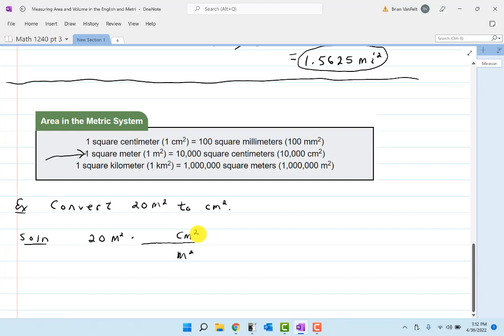So let's take a look if I have that. Well, actually where my arrow is exactly the thing that I'm looking for. 1 square meter is equal to 10,000 square centimeters. So I can wipe out these square meters. And it looks like what I'll end up with is 200,000 square centimeters.